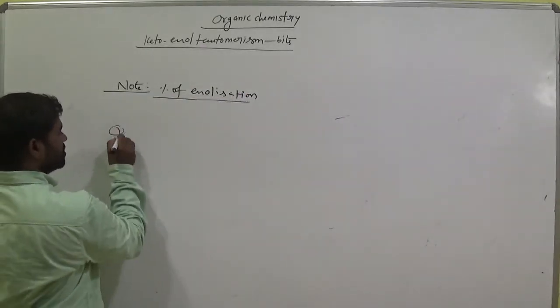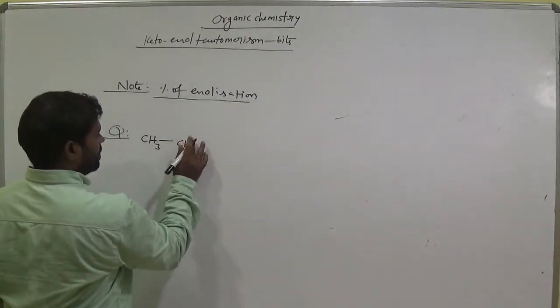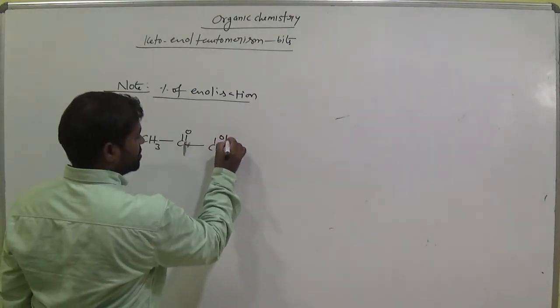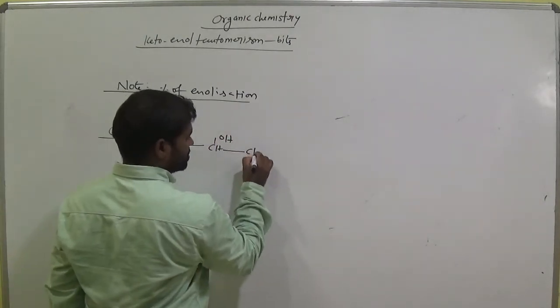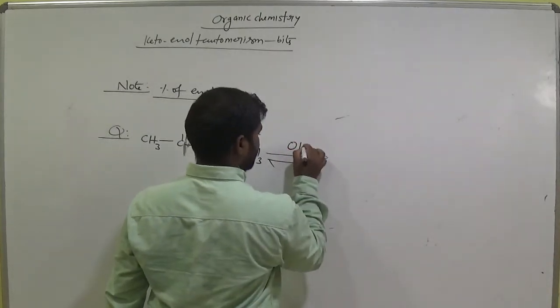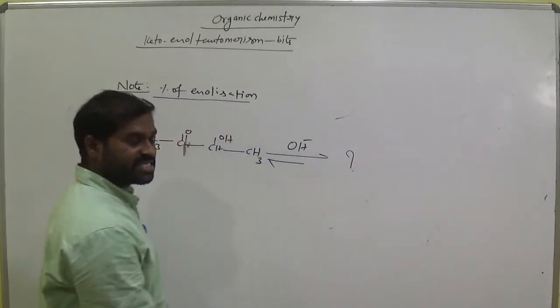Let's see one more question. CH3, C double bond O, CHOH, bond CH3 in presence of base. What is the expected product?